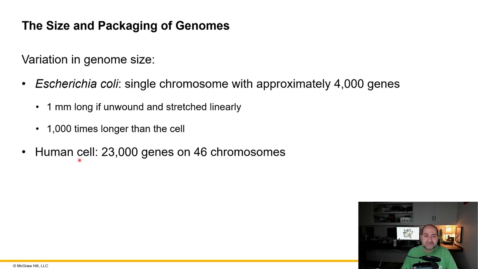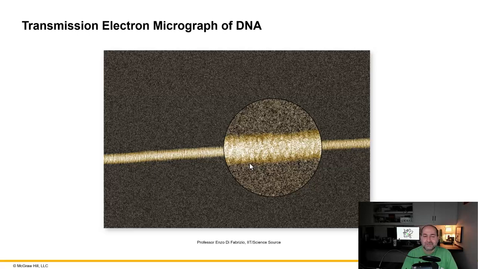Humans, on the other hand, remember we have close to 25,000 genes residing on our 46 chromosomes. So different organisms have different numbers of genes, and genes typically code for proteins. Here you can see an actual image of DNA under a transmission electron microscope.